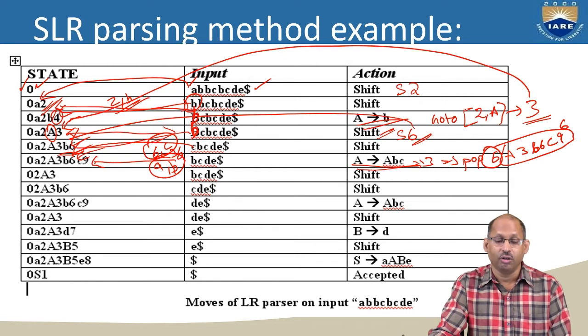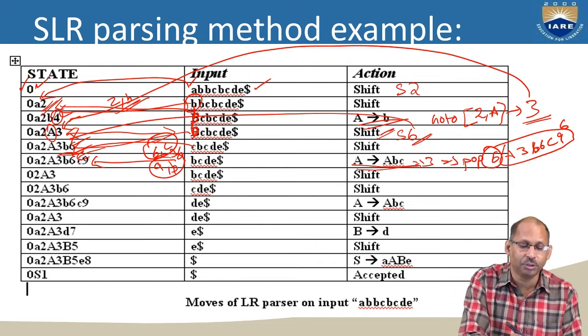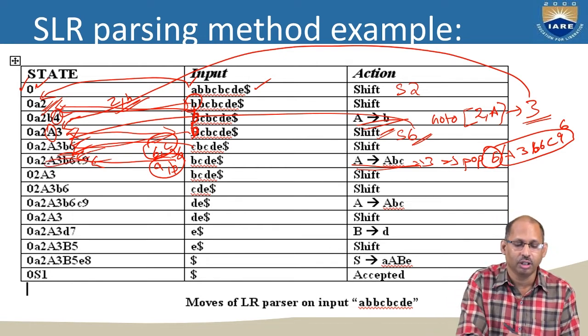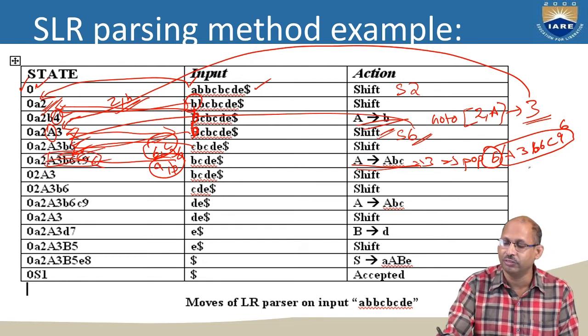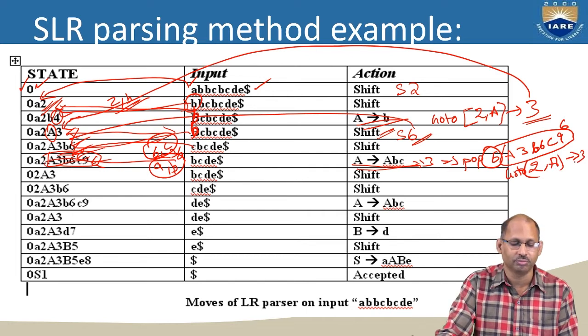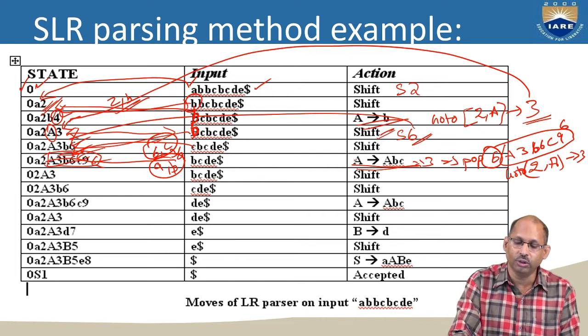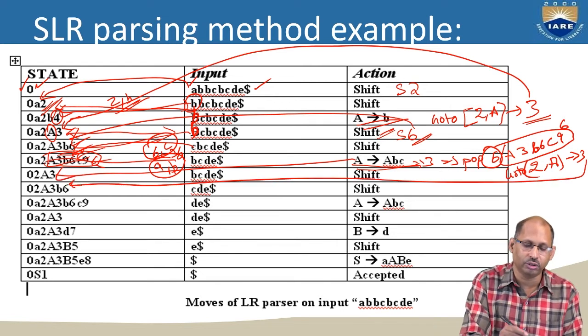Then, what is the state we have after removing this one? After removing these symbols, we have 2, then A. What is the go-to of 2 and A? It is 3. Simply store this A, this 3, here.